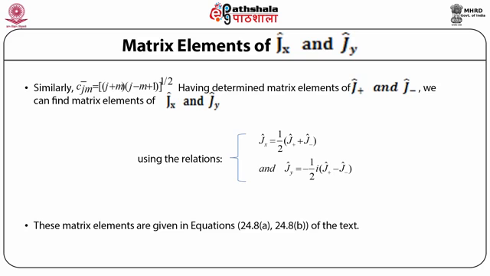Similarly, the y component, Jy, turns out to be equal to minus half times i times (J plus minus J minus). Here it is important to keep in mind what we have already discussed earlier, that the operator J plus is the incremental or the creation operator for the angular momentum eigenvalues, while the operator J minus is the decremental or the annihilation operator for the angular momentum eigenvalues.